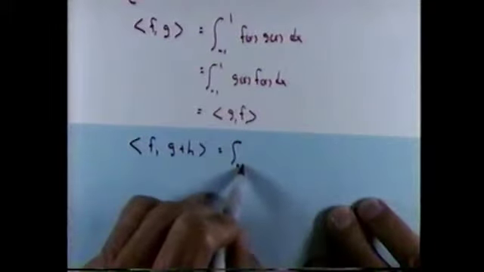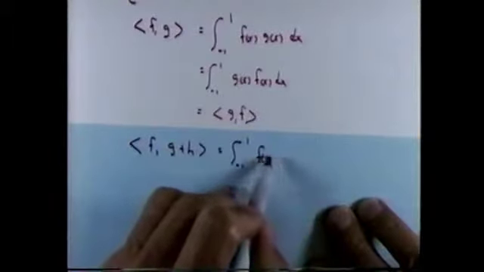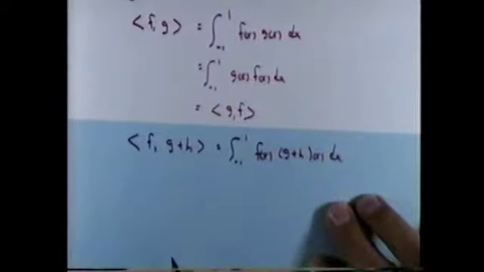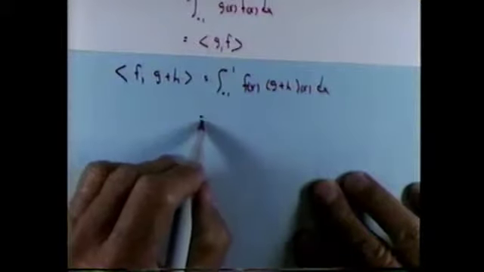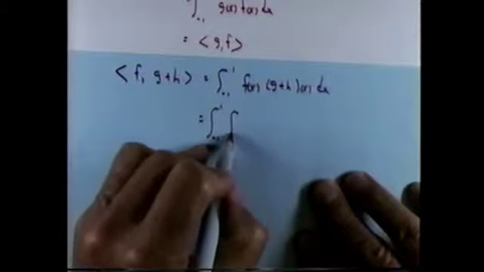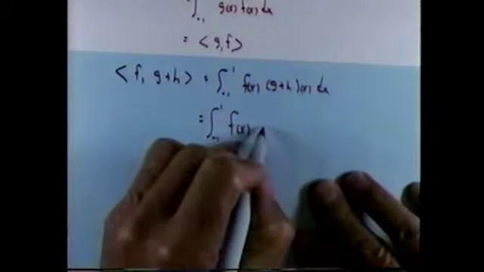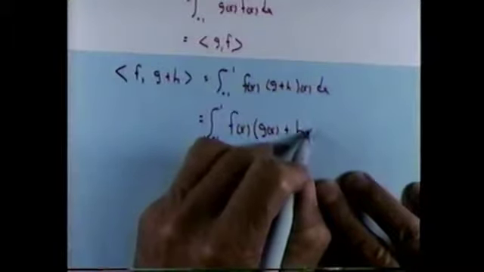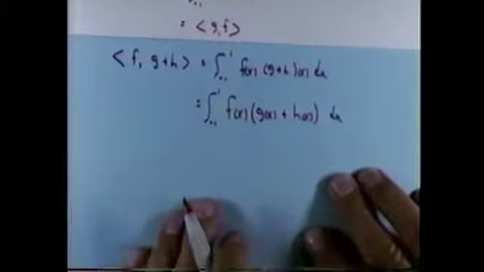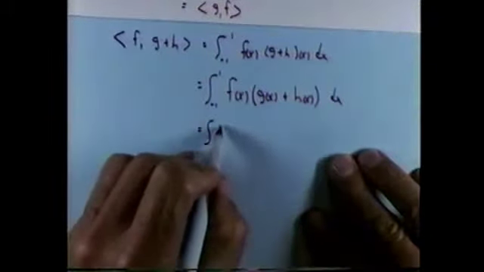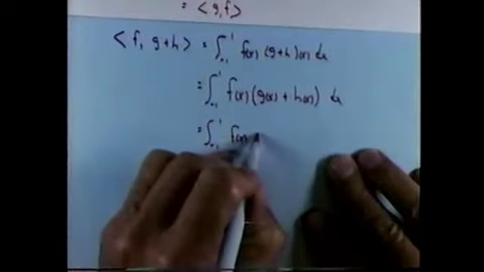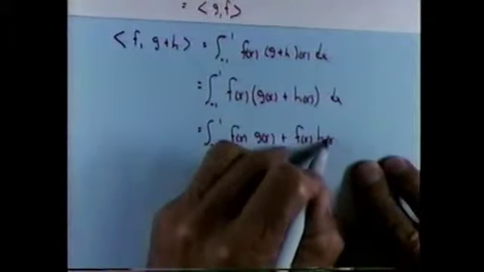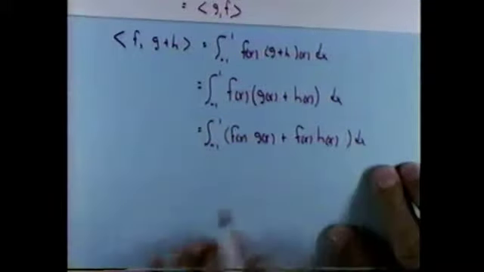Well, that would equal an integral from -1 to 1 of f(x) (g + h)(x) dx, which is equal to the integral from -1 to 1 of f(x) times (g(x) + h(x)) dx, which is equal to the integral from -1 to 1 of f(x) g(x) plus f(x) h(x) dx.